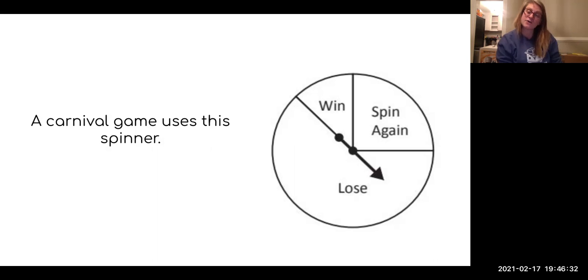Are any of these outcomes equally likely? None of these outcomes are equally likely because they all take up different amounts of space and they are all different sizes. What is an outcome that is impossible?